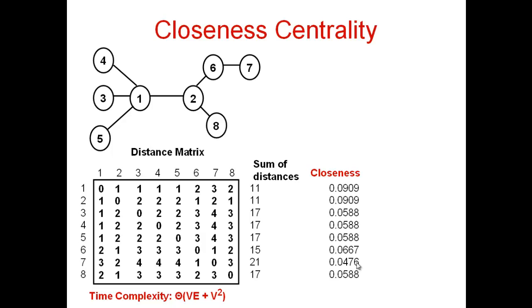So that is the time complexity for closeness centrality, and it is computationally intensive. As you see, it's V times E. E itself can be V square, so it is also kind of V cube. Like eigenvector centrality, I wouldn't say it's not good, but it's more computationally intensive.